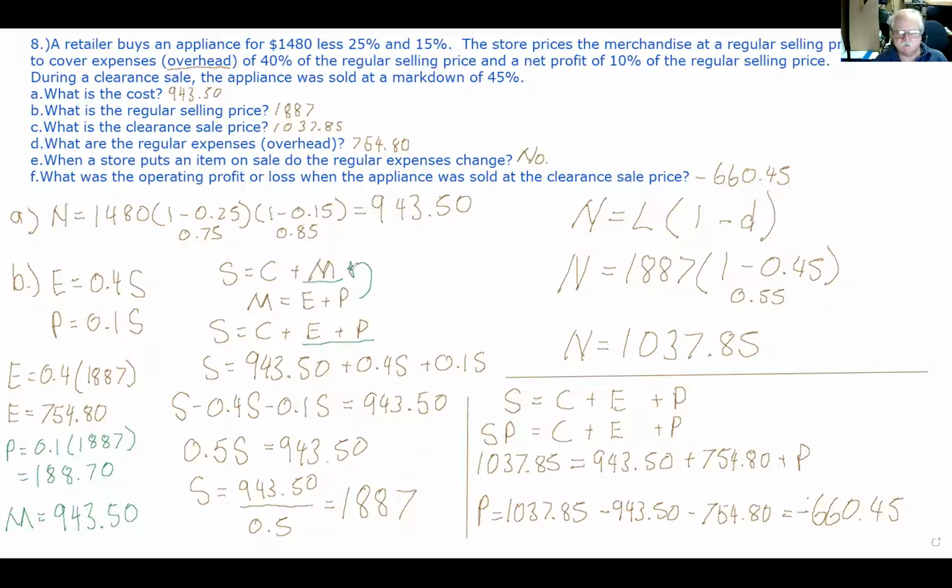So it just depends on the information they give you, whether you can just work with C plus M, or whether you have to work with C plus E plus P. Thank you, sir. Okay, I got it. Let's take a look at the next question they've given us.